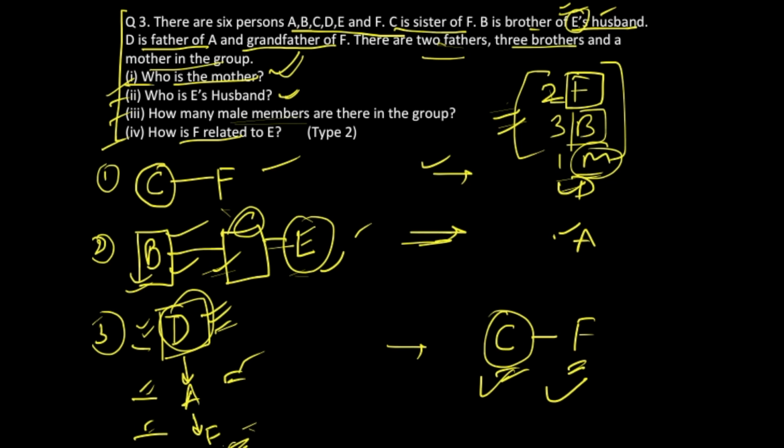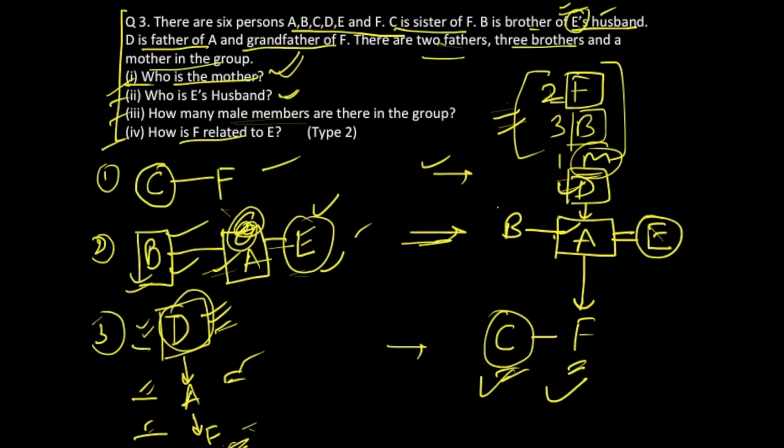B, we don't know who this particular one is, and then there's E. So if you put A over here, does it fit the solution? Let's see. You already know D is father of A and A is father of F, and if you put A over here, you will see that A could be married to E, and A can have a brother B, right? So this is what we are actually observing.